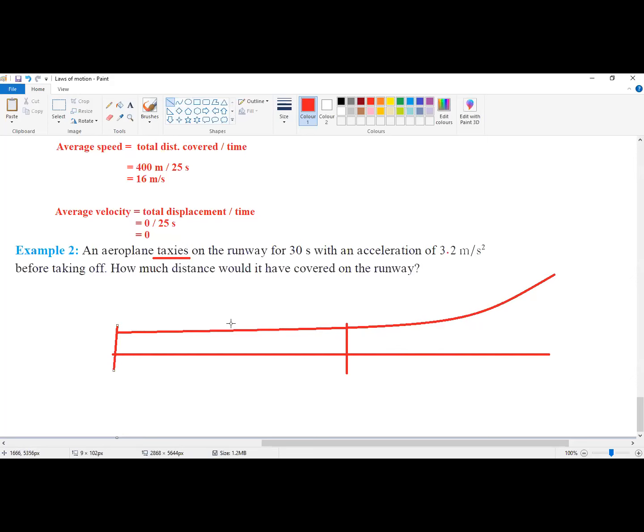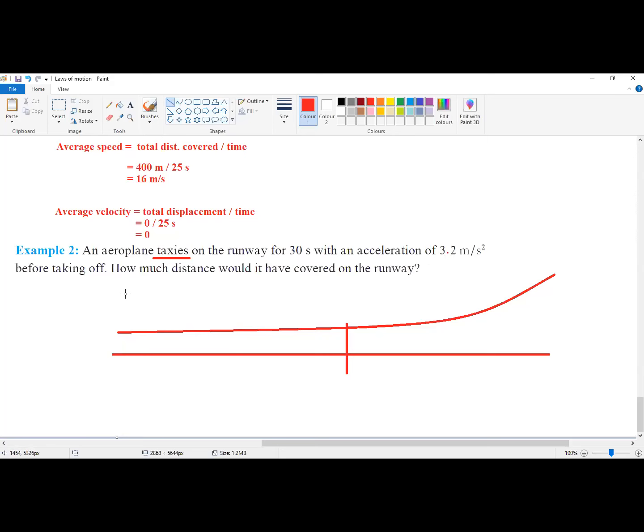For how long is it taxiing? It is taxiing on the runway for 30 seconds with an acceleration of 3.2 meter per second square before taking off.